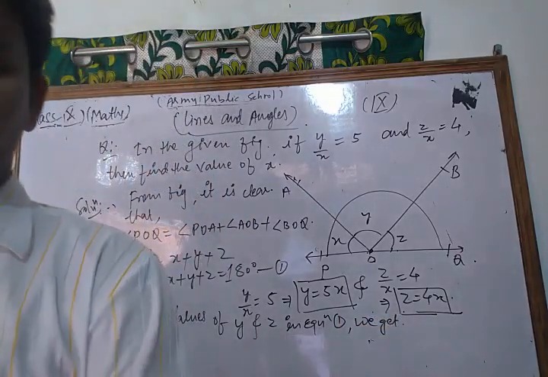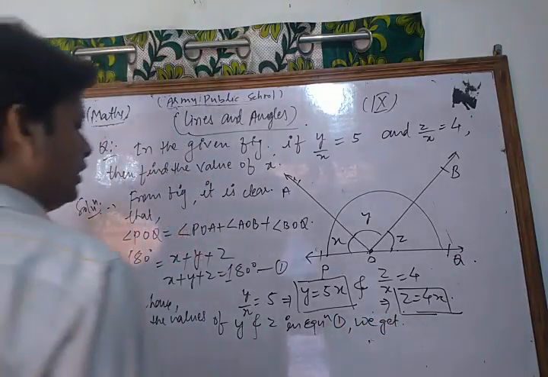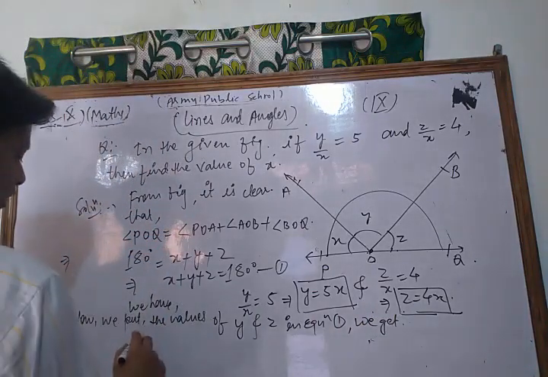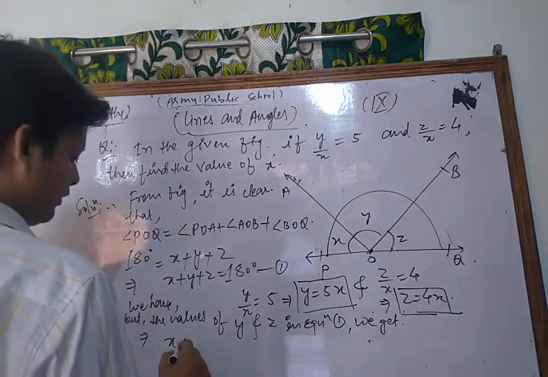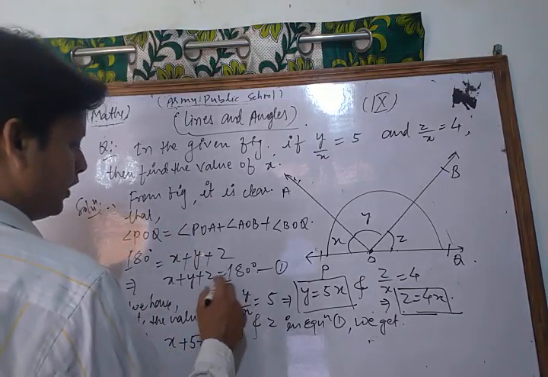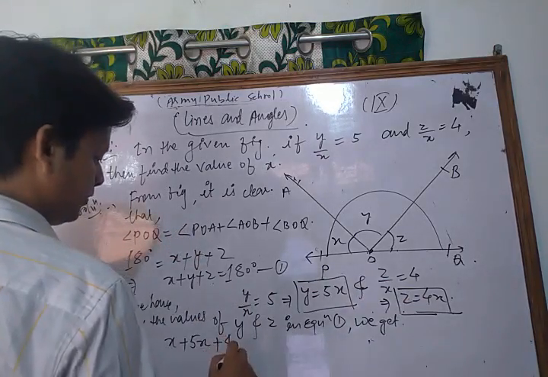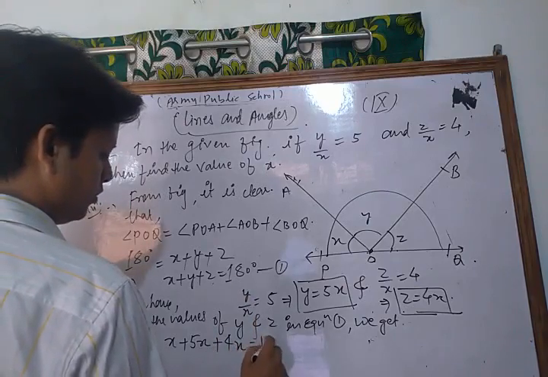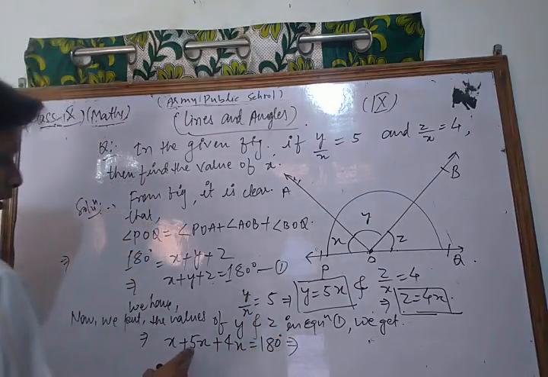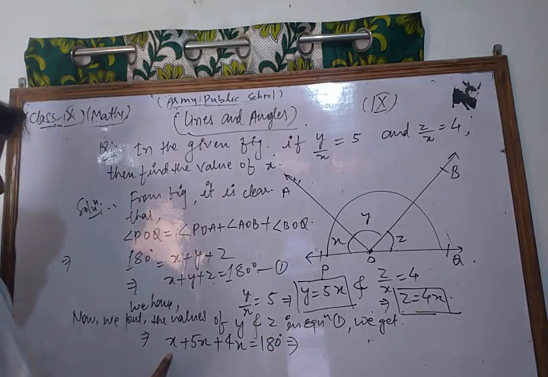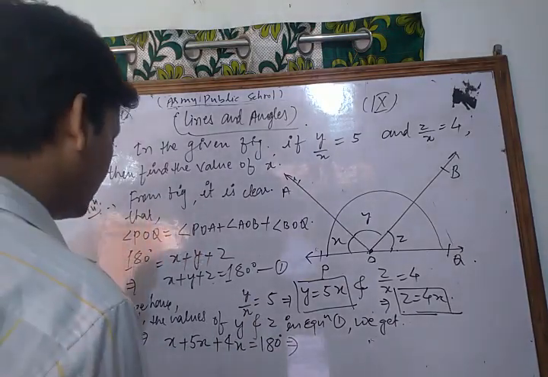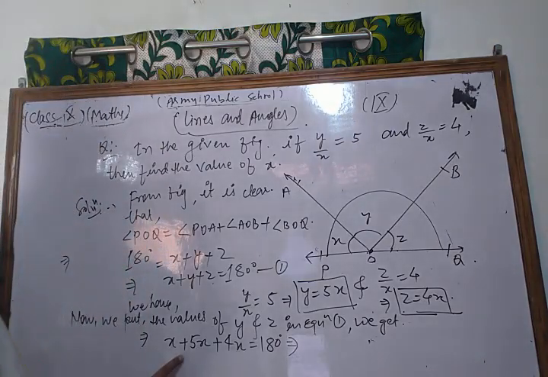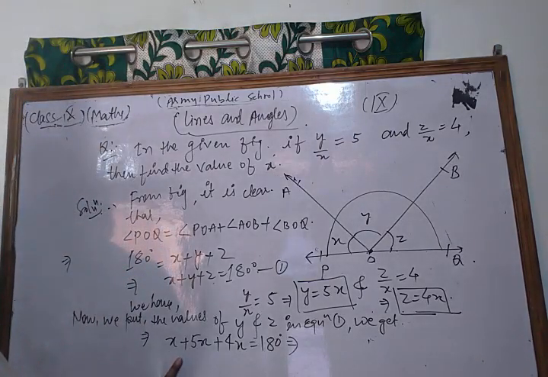We get x as it is, plus the value of y, which is 5x, plus the value of z, which is 4x, is equal to 180 degrees. So we get 1 plus 5 plus 4 is 10, because y is equal to 5x and z is equal to 4x.